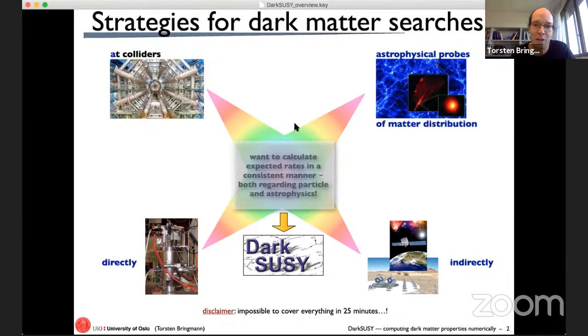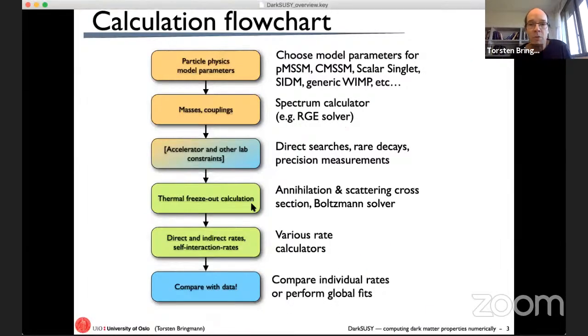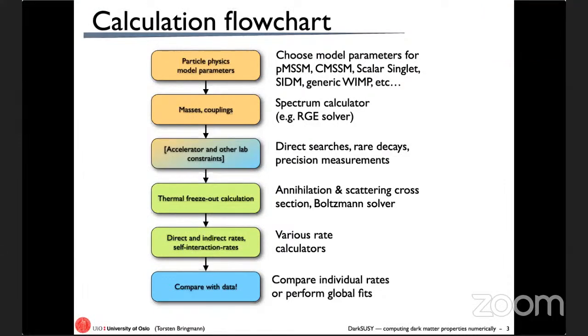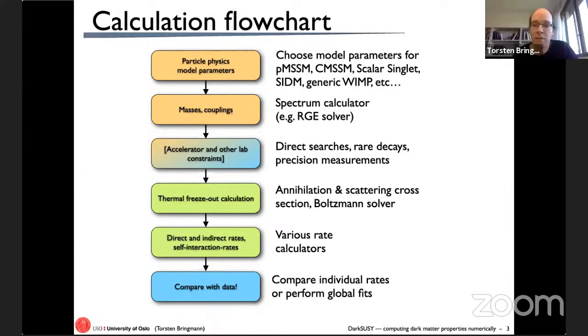Of course, DarkSUSY cannot do everything, and I also cannot cover everything in the 25 minutes that I will speak about DarkSUSY here. So this will just be a rough overview and then some more concrete examples of what you can do. When you do some dark matter phenomenology, some calculation of dark matter rates, the typical flowchart that you're interested in is something like this.